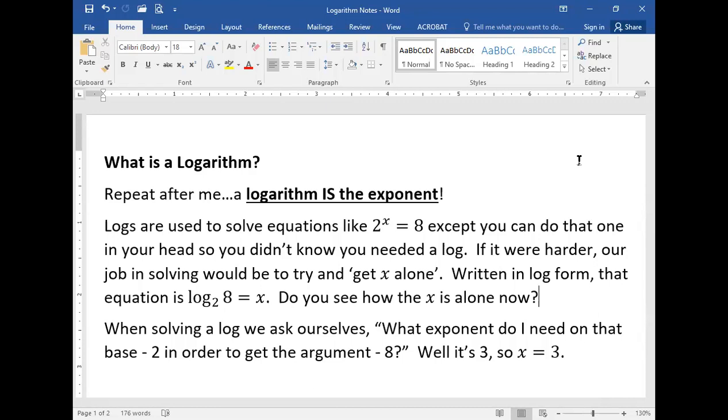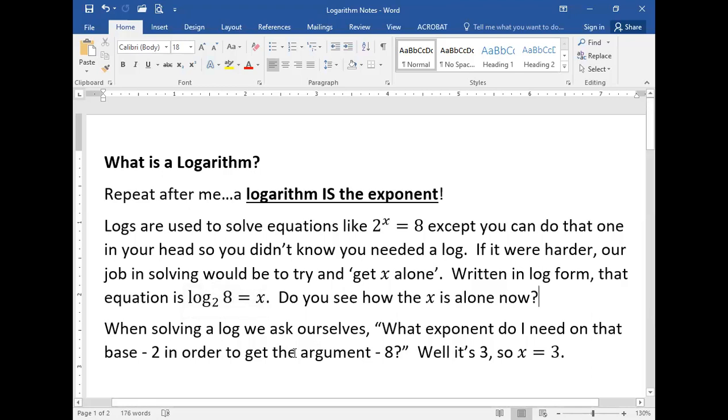So when you see a logarithm, this LOG thing that you see right here on the screen, and then you see an equal sign, x must be what? The exponent. Always. Logarithm is the exponent. Got it?